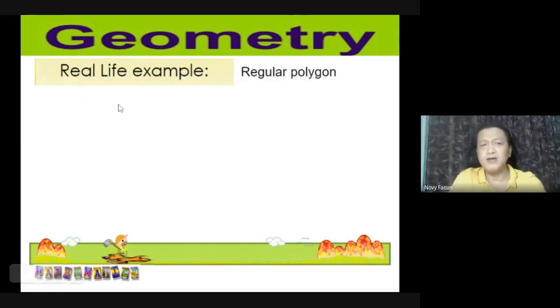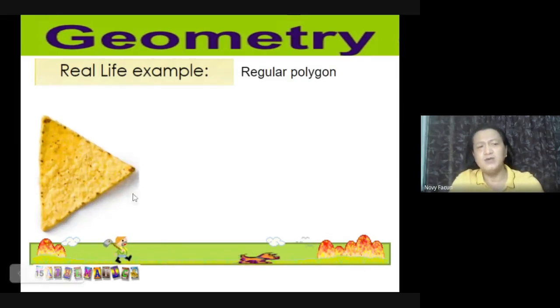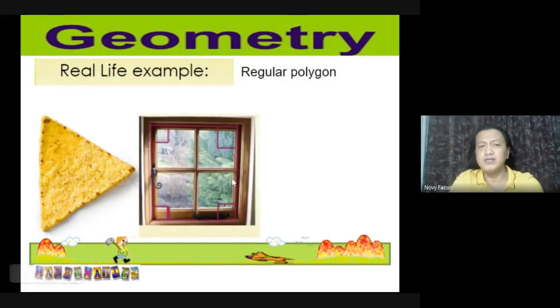Okay, so meron tayong real-life example sa regular polygon. So makikita niyo yan sa surroundings niyo. Sa bahay, nandyan yan. And this is, anong tawag dito? This is a Natchez triangle. Yung shape niya, no? So meaning to say, this is a regular polygon. And also, this is a window, no? So bintana. Kaya kung makikita natin, yung shape niya ay square.